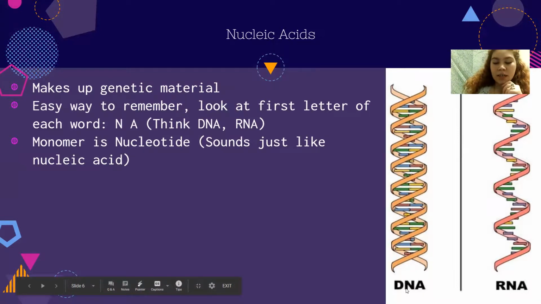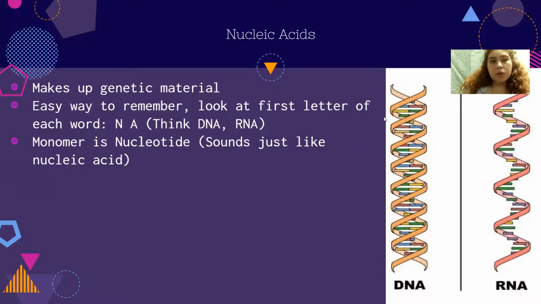Both are nucleic acids. An easy way to remember this is to look at the "nu" every time. It's nucleic acids. It'll help you know the names of these a little better also. The monomer is a nucleotide. And that one's fairly simple because nucleotide sounds a lot like nucleic acid. So it should be fairly simple.